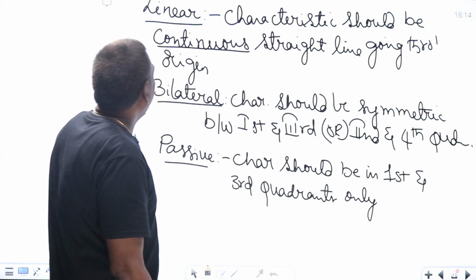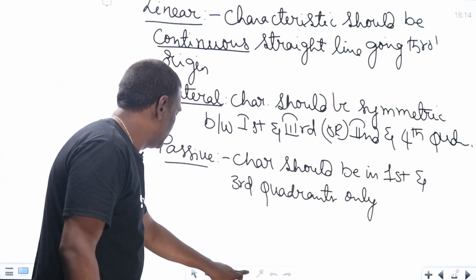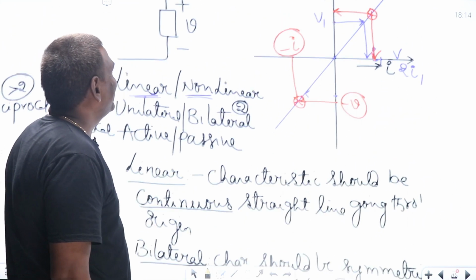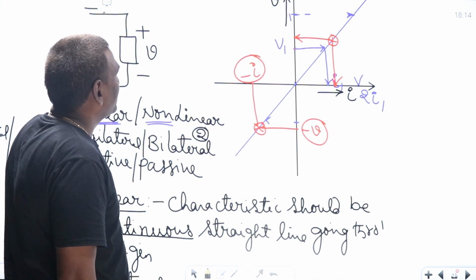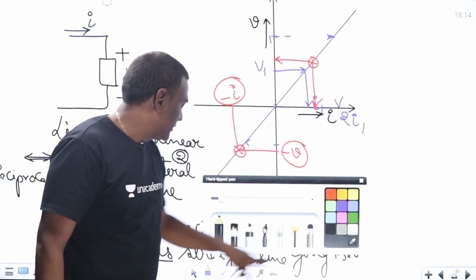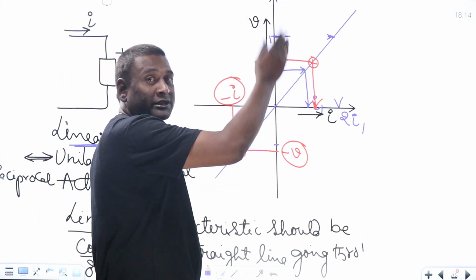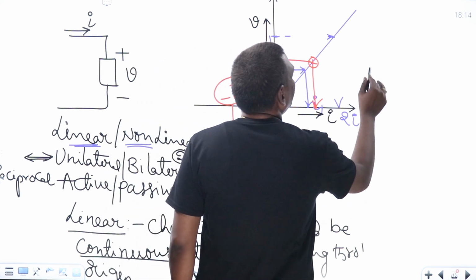So ultimately, what is this characteristic? Let me conclude, and after that we are going to take the next thing. So this characteristic is going to be a straight line going through the origin. Continuous straight line going through origin. So it should be linear.